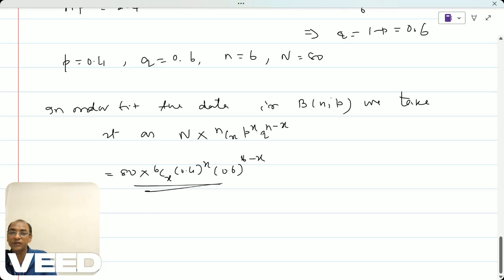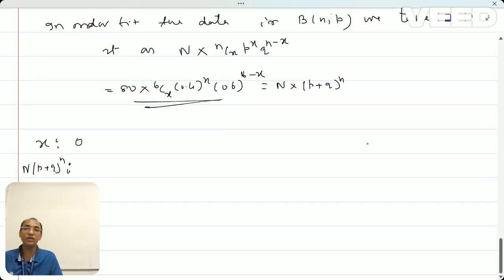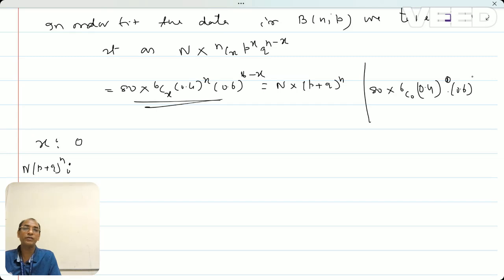Suppose I consider x equal to 0. Then this will be 80 into 6C0, 0.4 to the power 0 into 0.6 to the power 6.